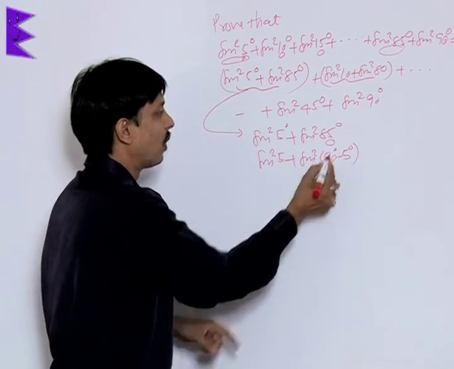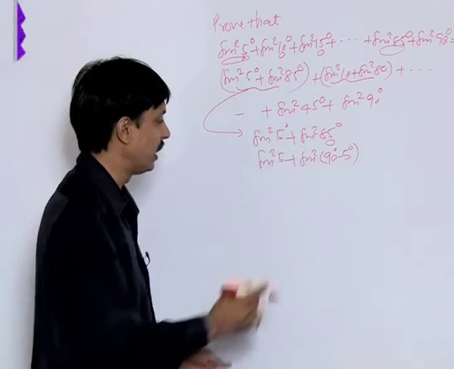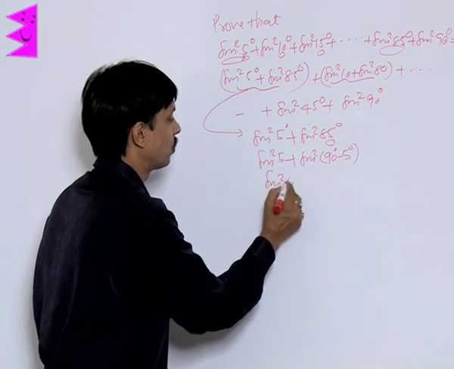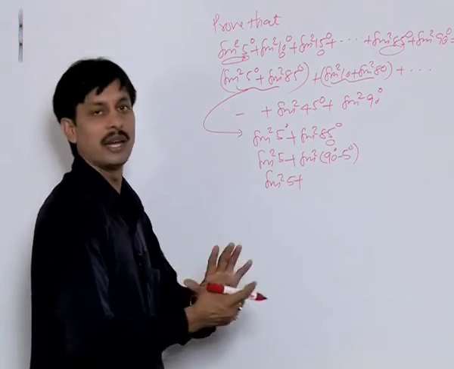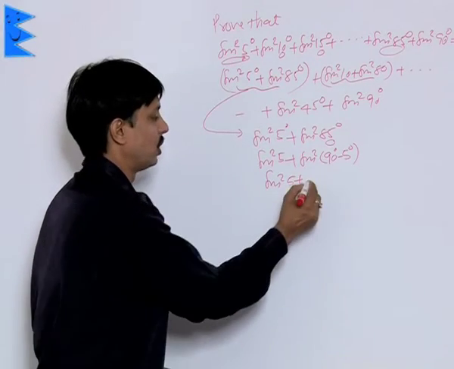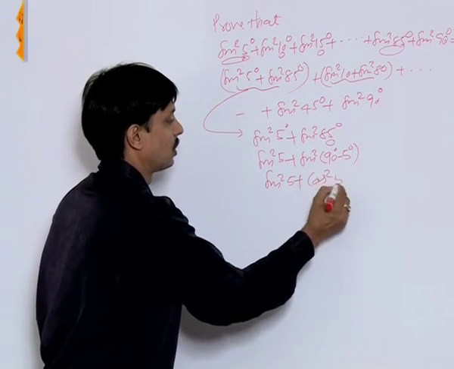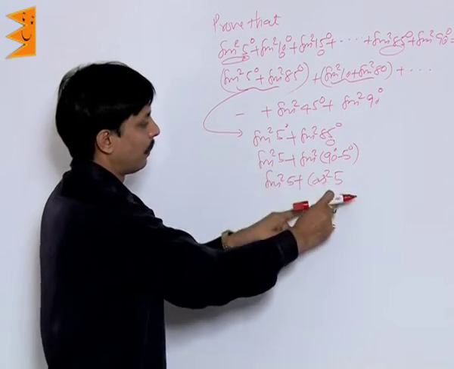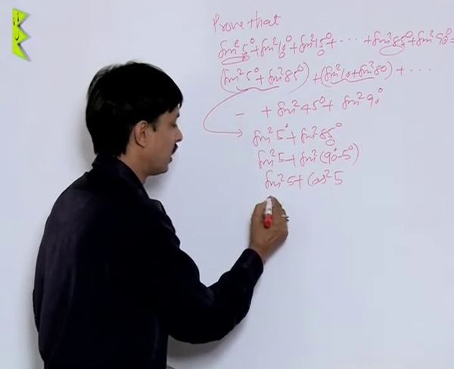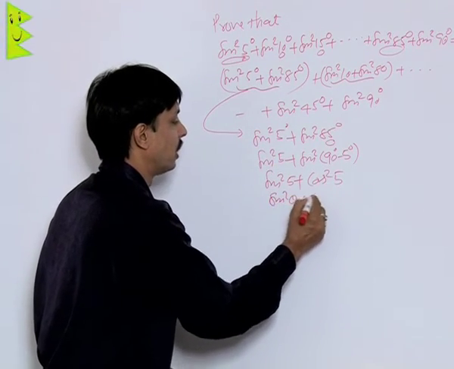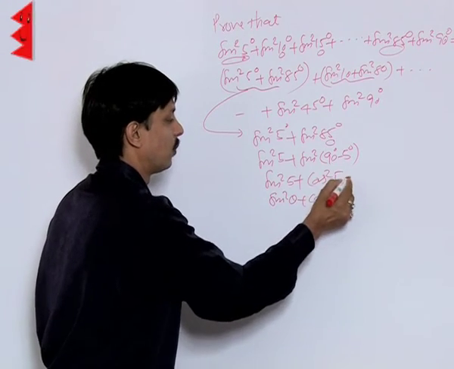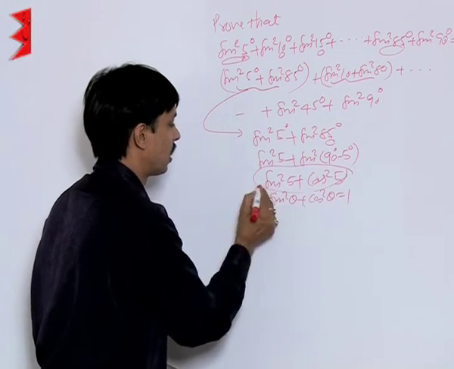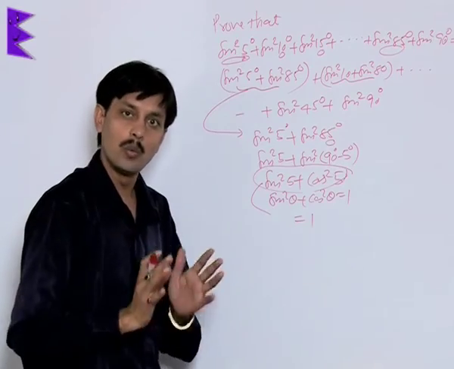Saying 85 or 90 minus 5 has the same meaning. This becomes sine square 5, and sine of 90 minus theta is what? Cos theta. So this becomes cos square 5. So sine square 5 plus cos square 5, using the identity sine square theta plus cos square theta equals 1, this part comes out to be equal to 1.